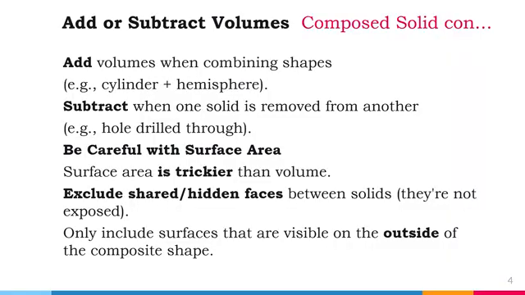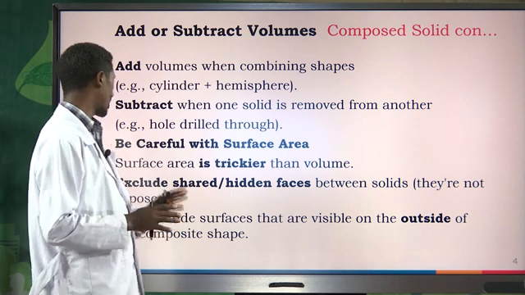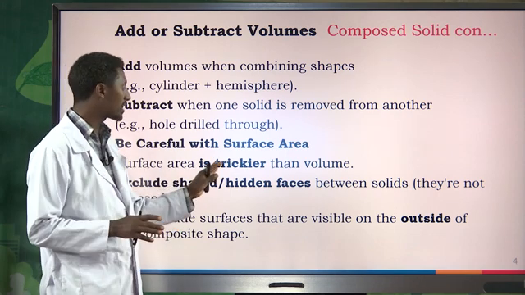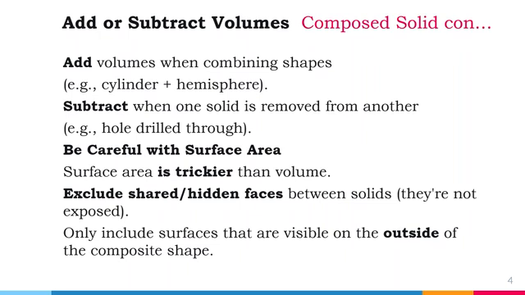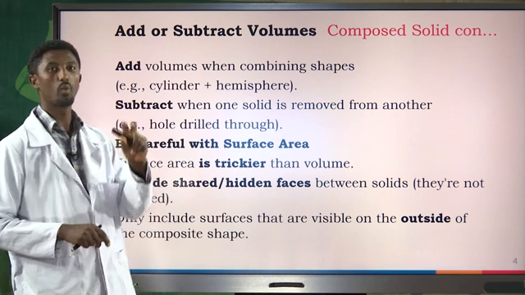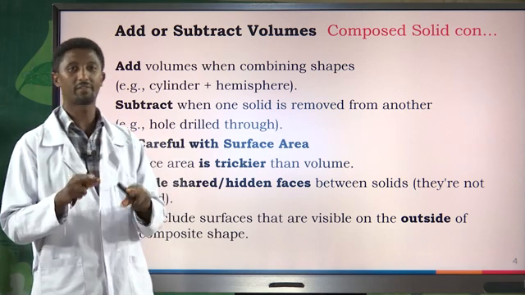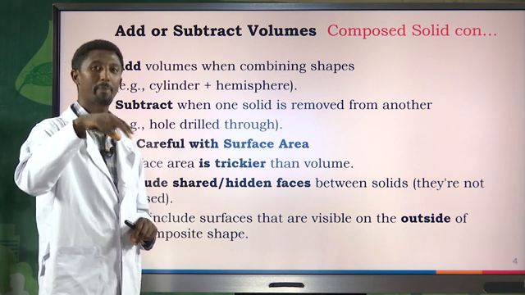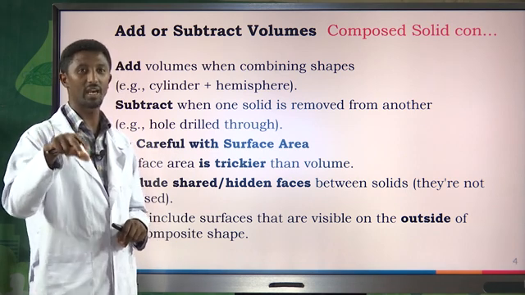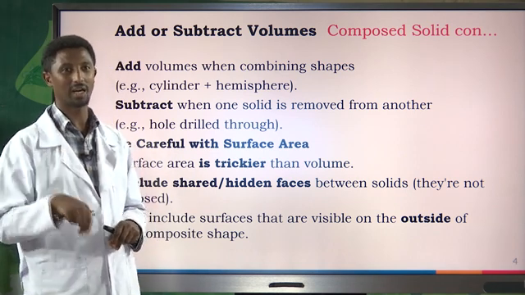And also, when we compute a surface area, it needs great attention. Surface area is more complicated than volume. The volume has two cases. One, when we combine two different solid figures, we'll add the volume. When some part of a given solid figure is removed, we'll subtract the volume.